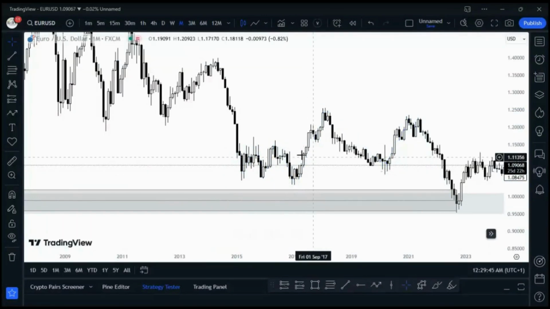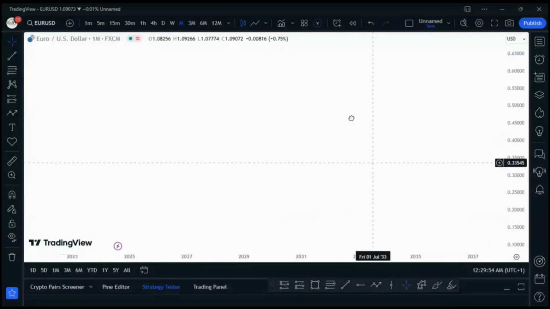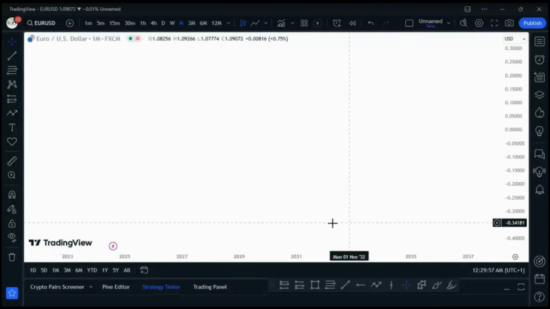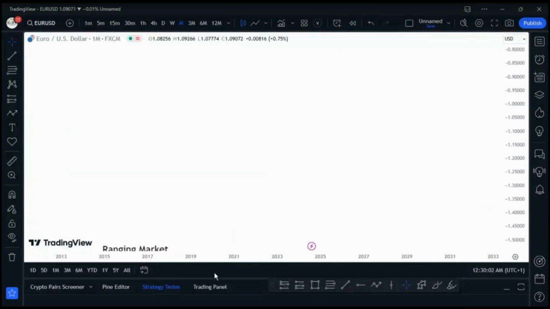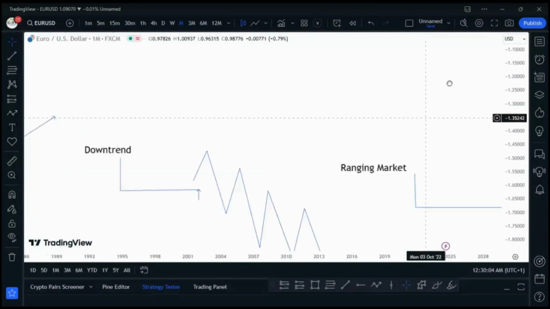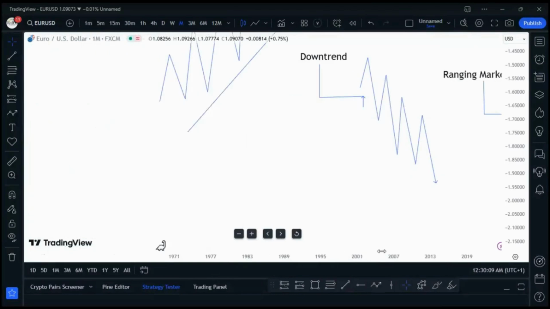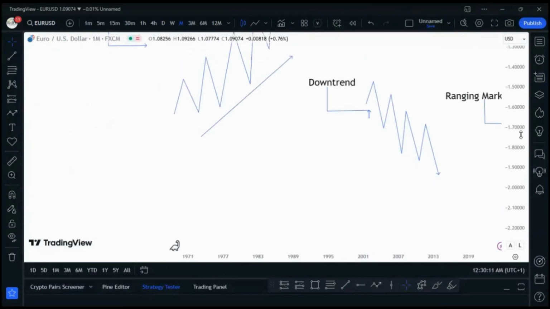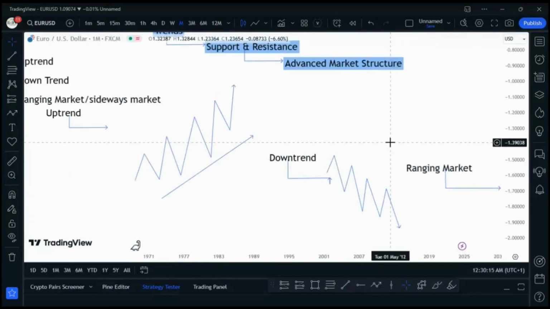This is what it means when we talk about a ranging market here. So now, how do you actually know that at some point the market wants to start going upwards or going downwards, or actually will be ranging for some time? This has been a lot of challenge for a lot of traders, because they find it difficult to identify when the market will go upwards, downwards, or range for a period of time.